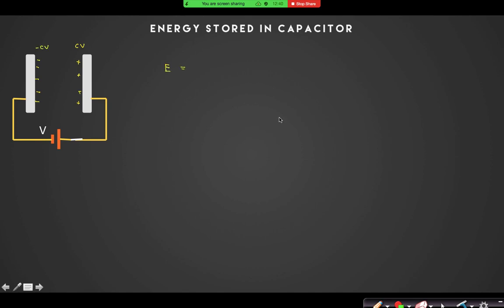Electric field can be simply written as V divided by D, if D is the distance between the plates. Now what is the energy density? Energy density is half into epsilon naught into E square.